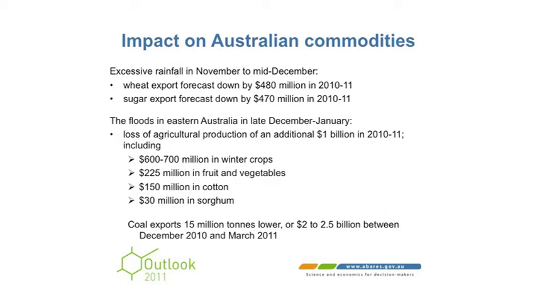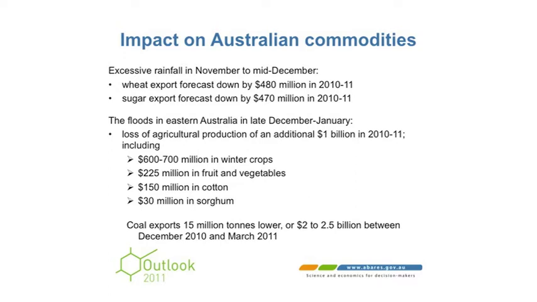Also, for Queensland alone, we lost about 225 million in fruit and vegetable production. Naturally, losses also occurred in Victoria and Tasmania, but perhaps the magnitudes were smaller than in Queensland.